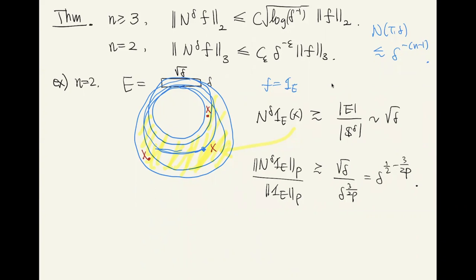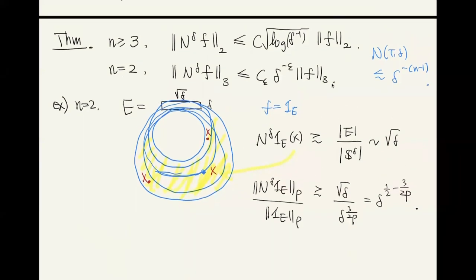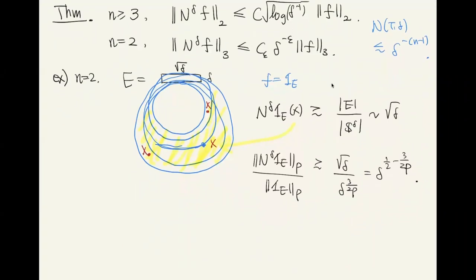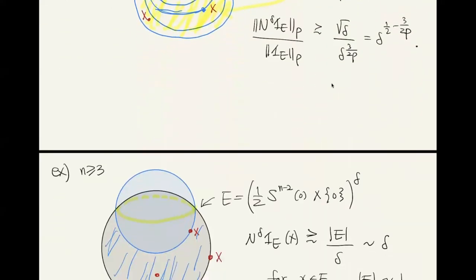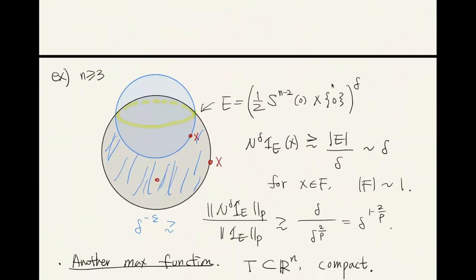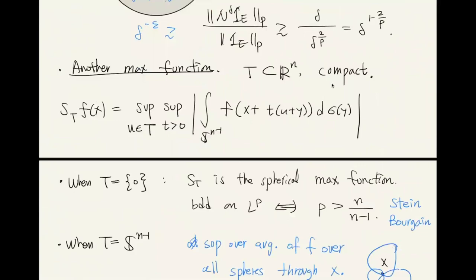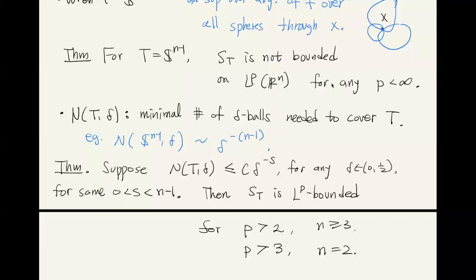In their paper, they use local smoothing estimates to prove the maximal estimate for the spherical maximal function in dimension 2. And we use a similar idea to obtain the last theorem. So it's like you're looking at the Minkowski dimension here, right? Yes.